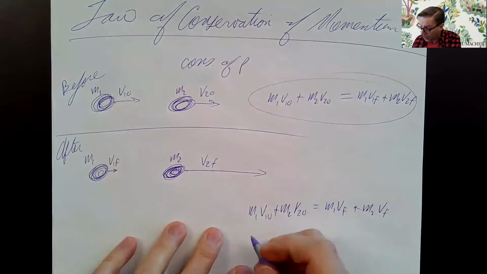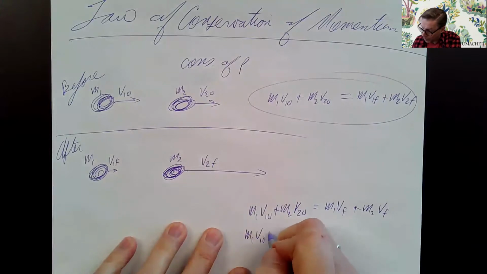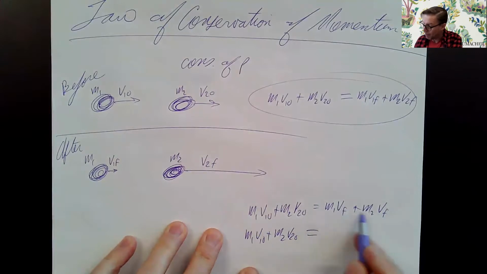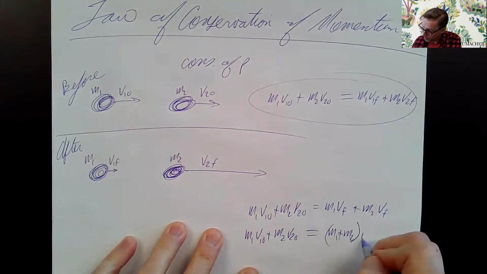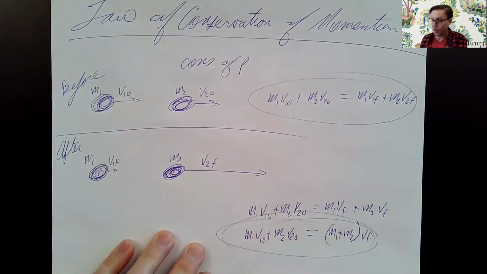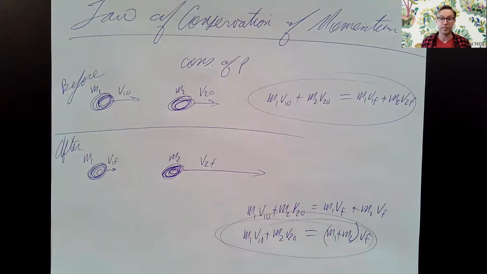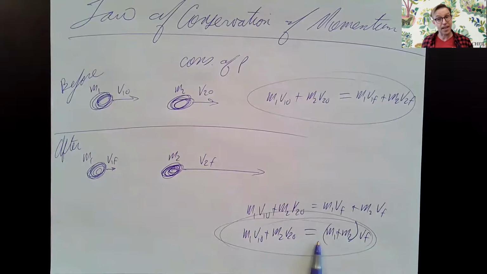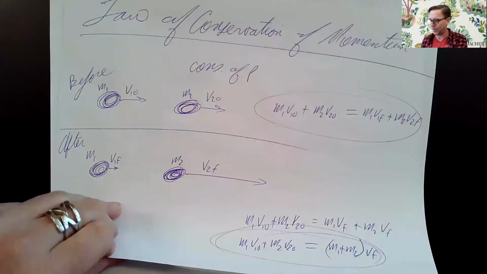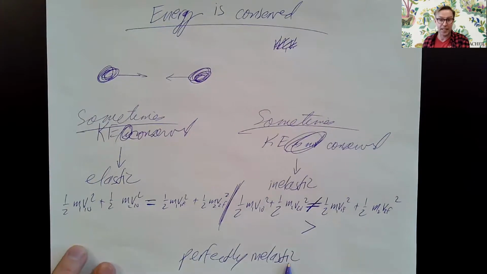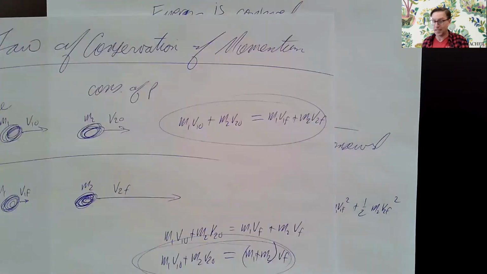Therefore, I'm going to factor out this v final: m1 plus m2 times v final. This is a much easier equation to deal with because there's only one final velocity to find. Is this collision elastic or inelastic? It's inelastic. Specifically, it's called perfectly inelastic. They stuck together.